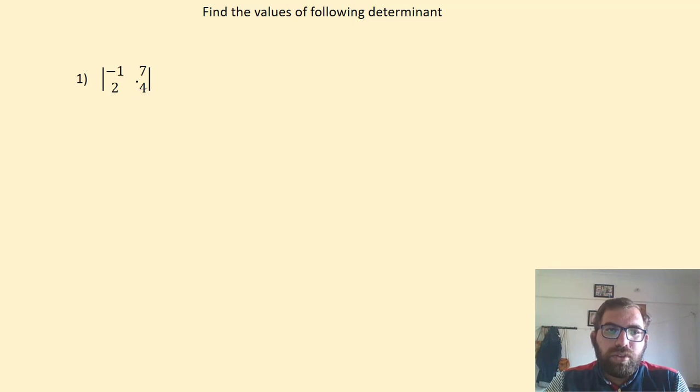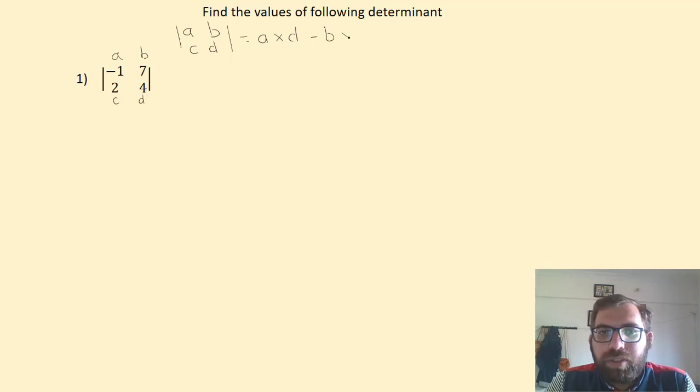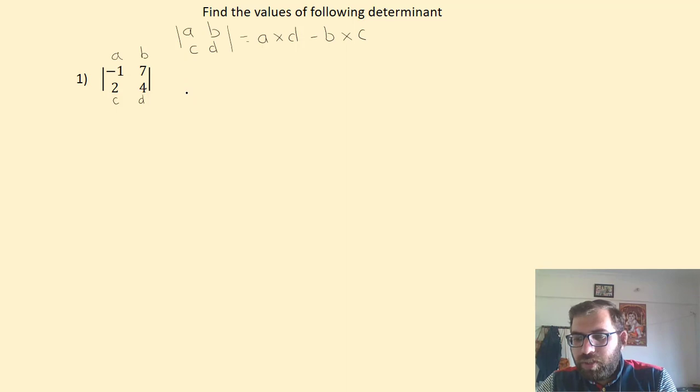We say this is our A, B, C, D. We know how to find the determinant of A, B, C, D. The determinant of A, B, C, D is equal to A into D minus B into C. This is the rule, and we will follow the same rule here.